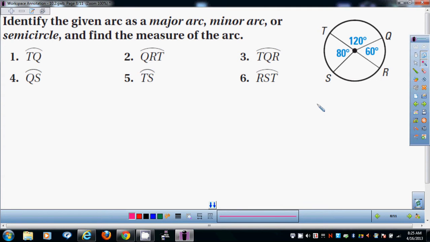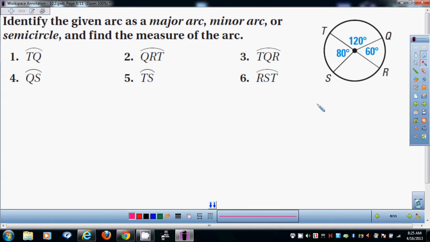What about number 2? QRT. Ooh, jumped right off the deep end into a potentially difficult one. Madison, what do you think? QRT. Well, QRT starts here and goes all the way around to here.